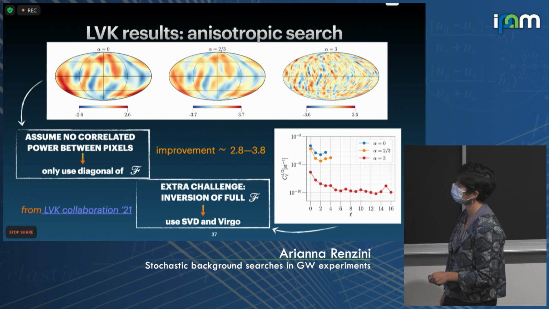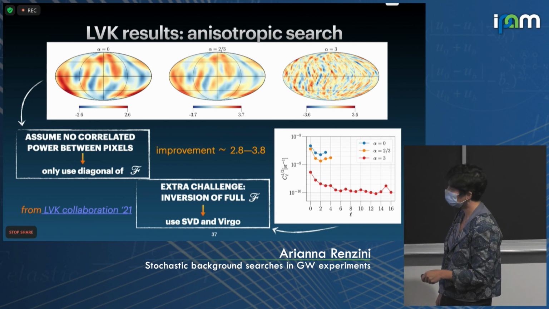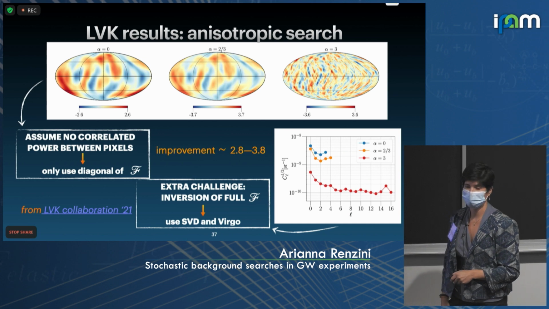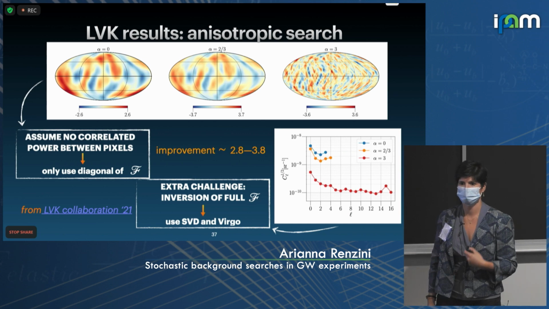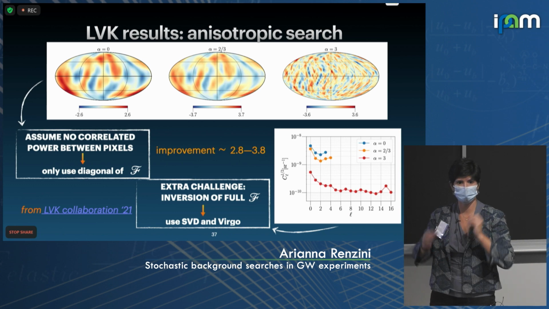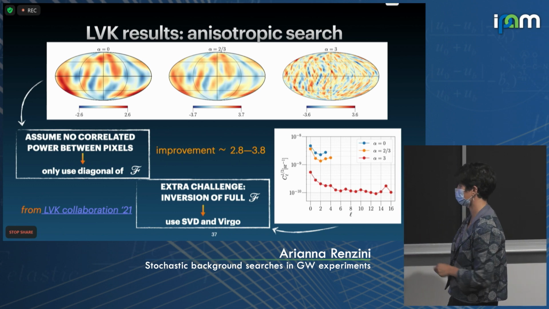So there we do use the full Fisher matrix. And to invert it, we use SVD techniques, singular value decomposition, and also the fact that we have an extra detector, 2 extra baselines, fills in those gaps in the Fisher matrix very nicely. And these are the upper limits that we put on the angular power spectrum.